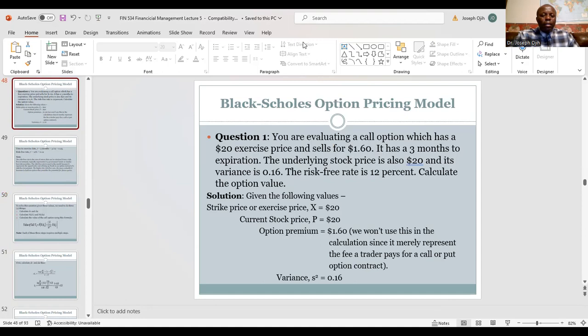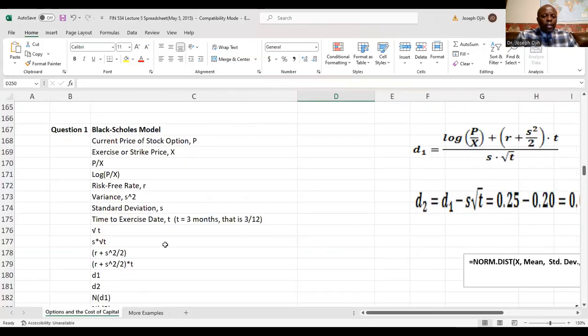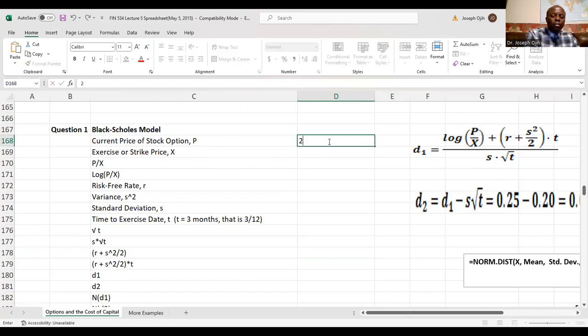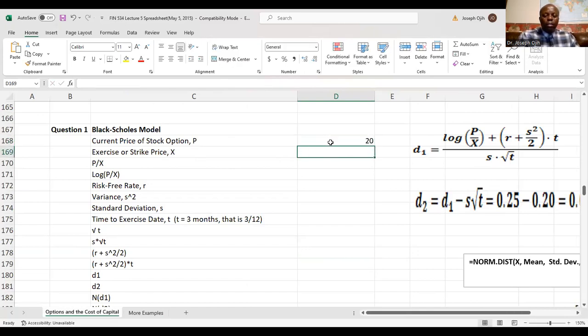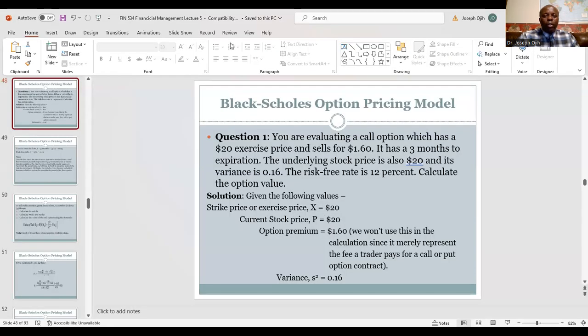Now let's go to Excel and put them in. The current price of the stock is $20, and the exercise price X, according to the question, is $20 as well. So I'm going to put it there. $20.